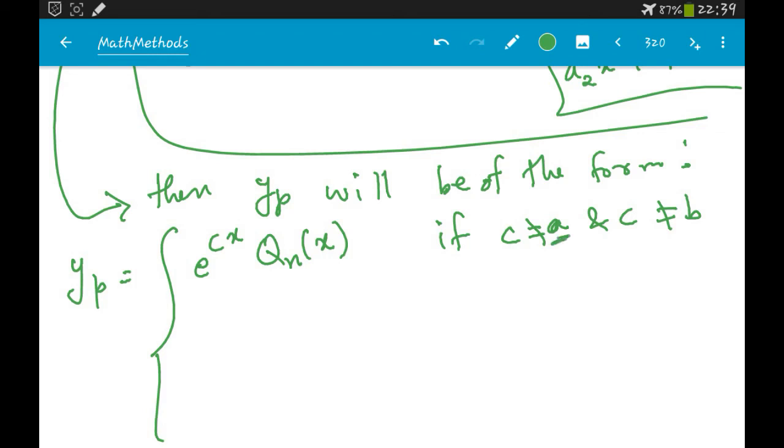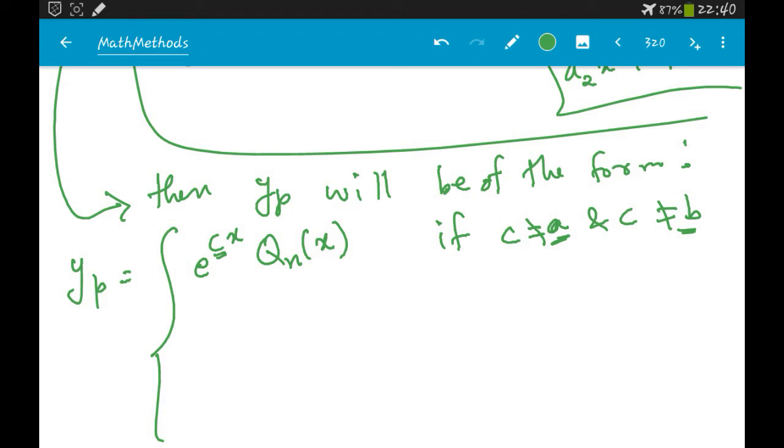Here a and b are the roots of the characteristic equation, that is what a and b are, and c is this c. So yp will be e power cx into Qn of x if c is not equal to a and c is not equal to b.